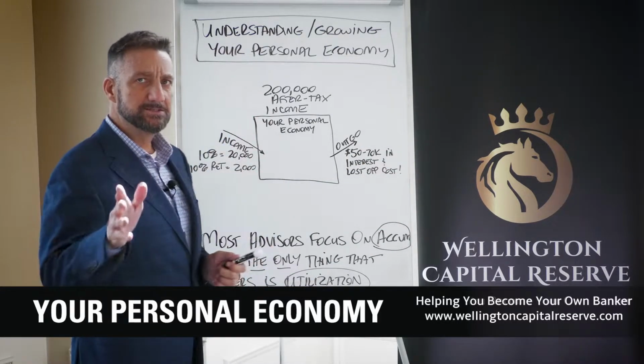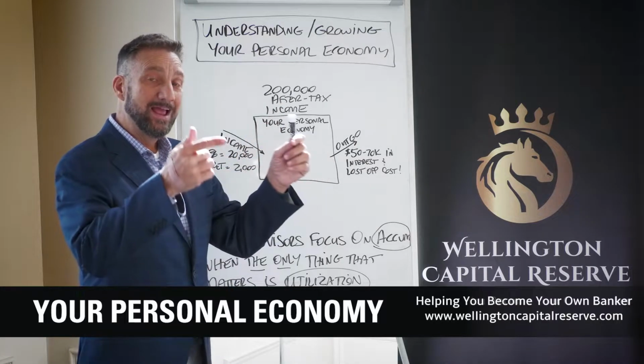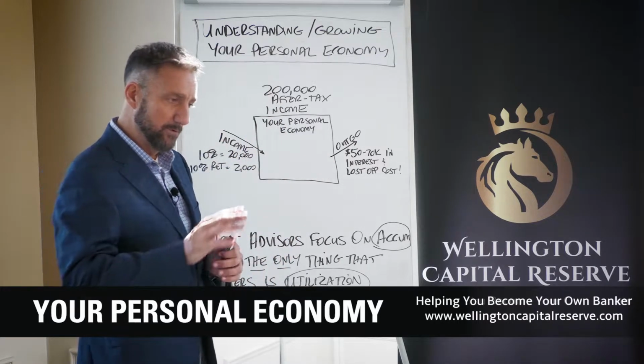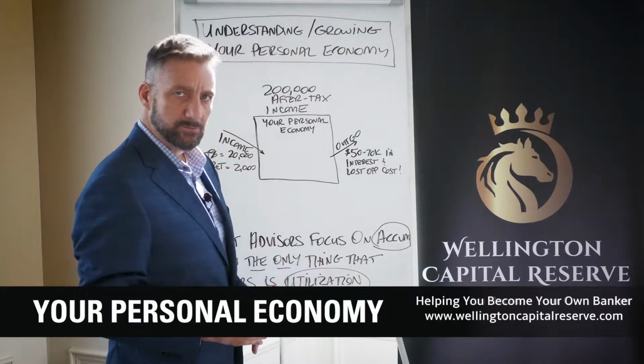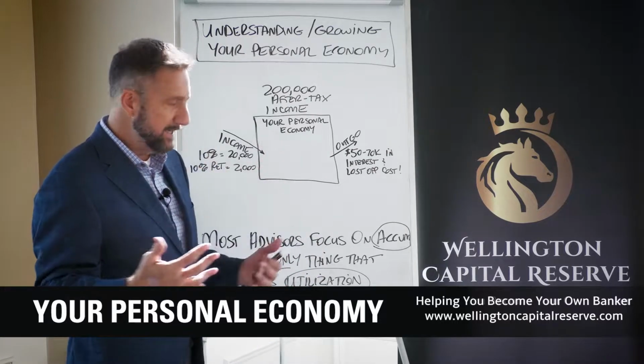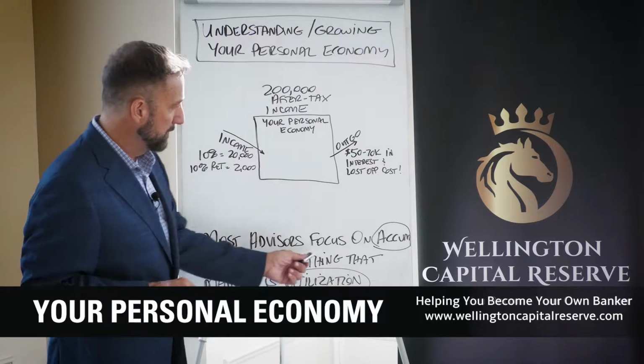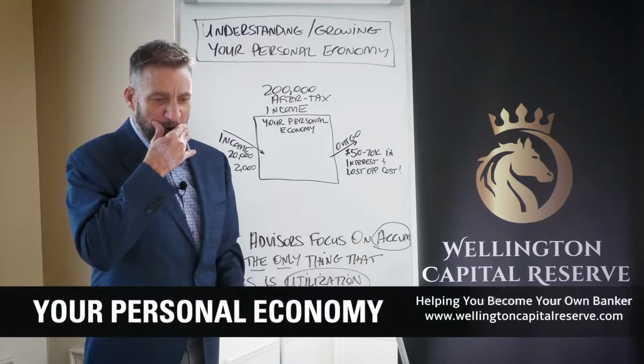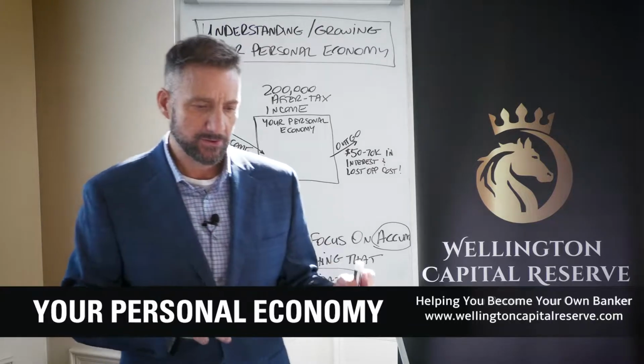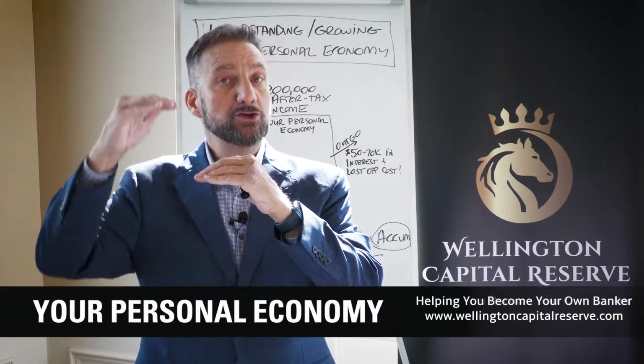So we're using an example of a $200,000 after-tax income. You've already taken care of Uncle Sam. This is what you have as far as your take-home pay. The typical financial advisor is focused on accumulation. In other words, they want to show you graphs and charts that show money accumulating.